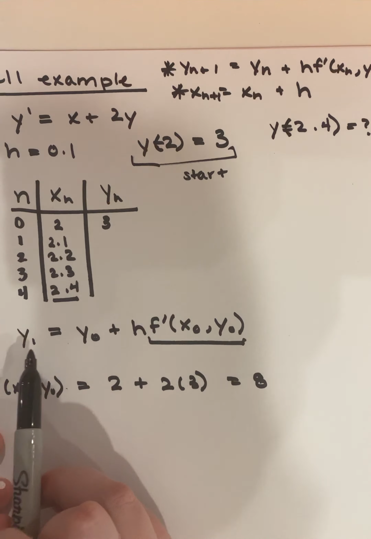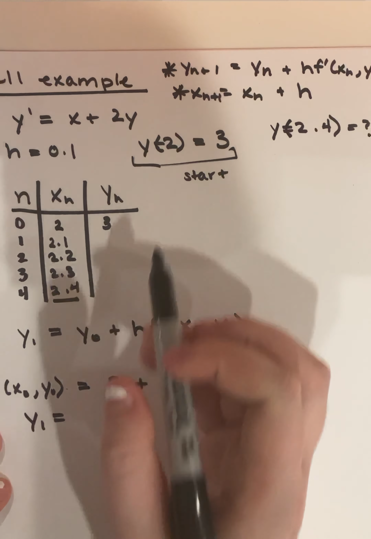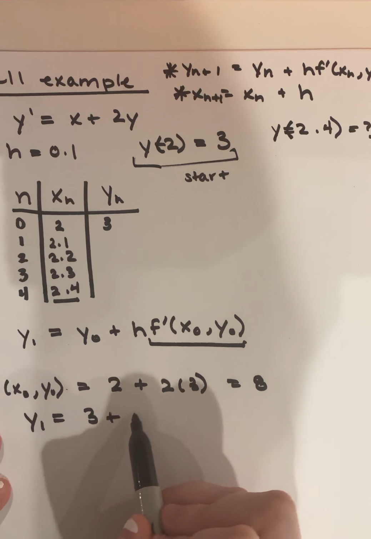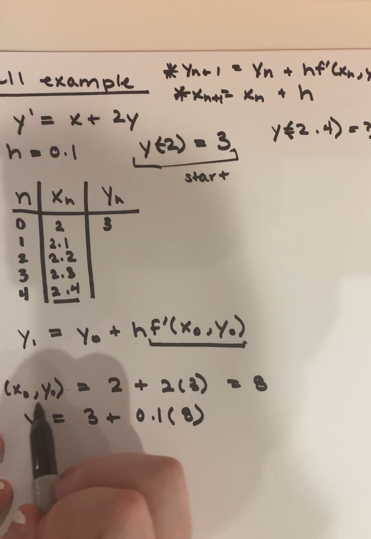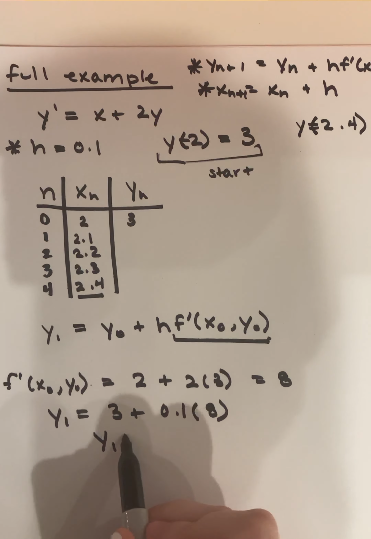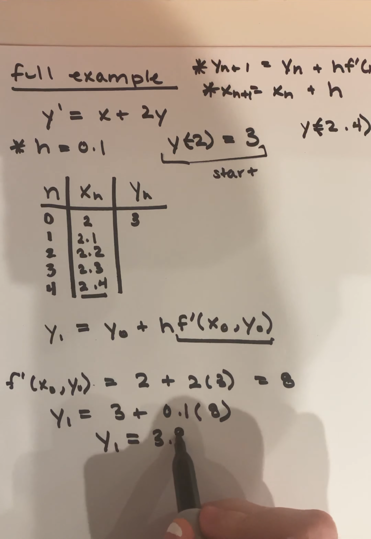And so then we can plug that into our equation, which is y sub 1 equals y sub 0, which we know to be 3, plus our step times that value. So y sub 1 is going to be equal to 3.8.